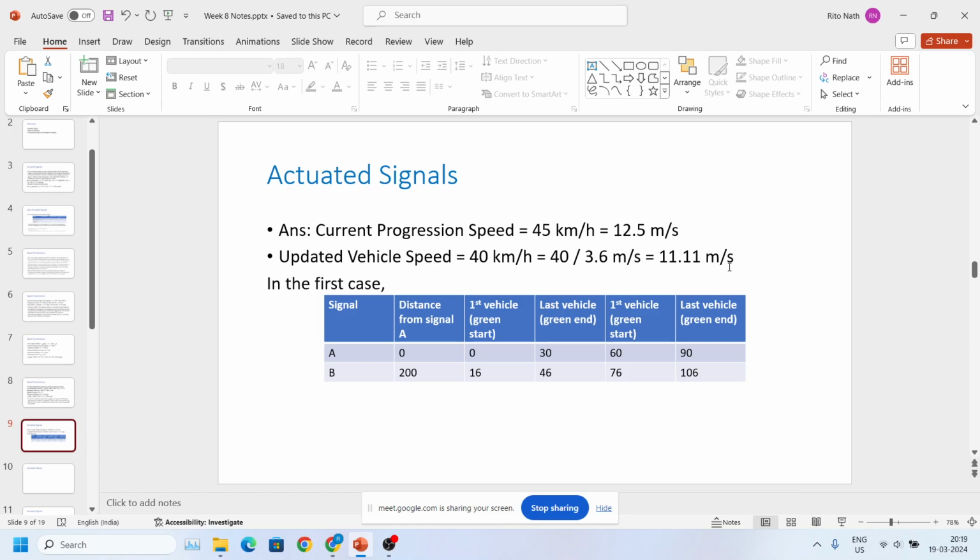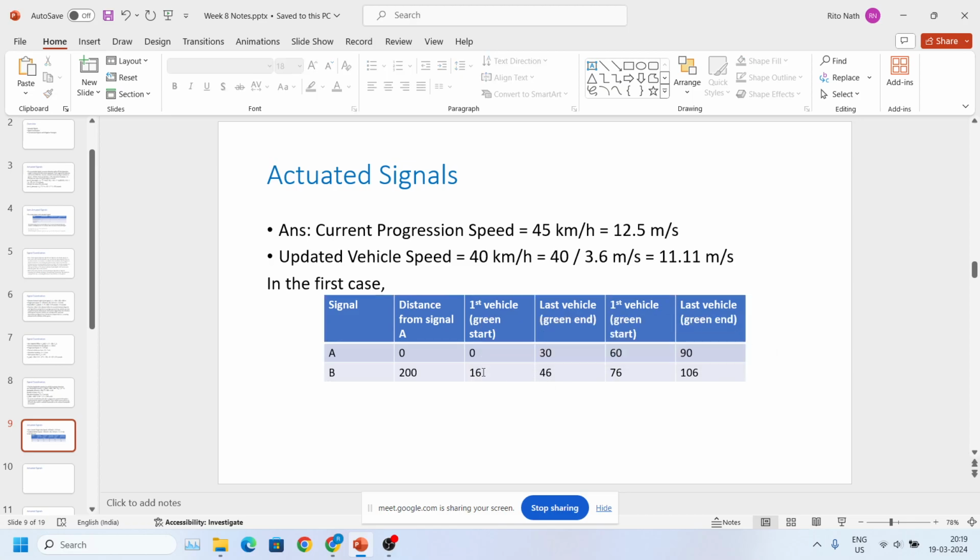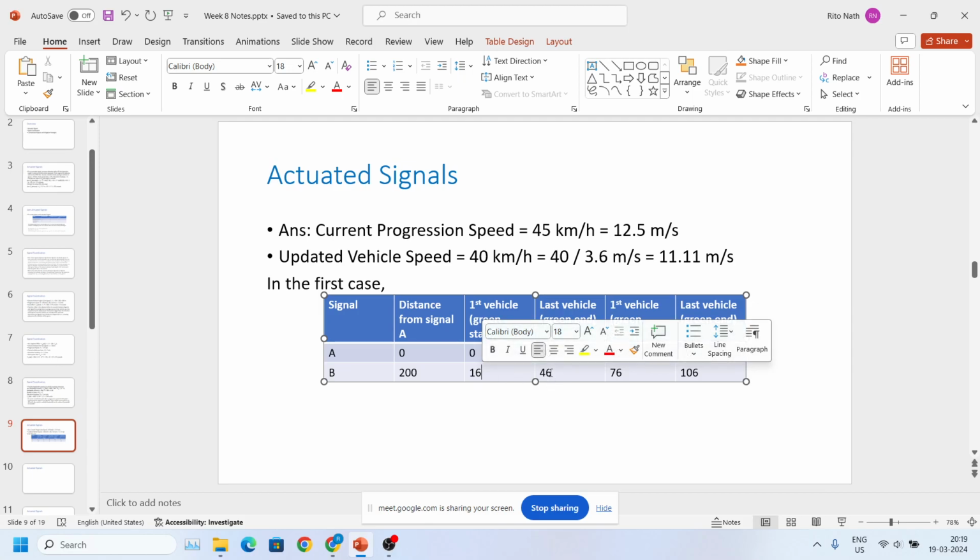See, here the first vehicle is at 16. So the signal is turned green here.